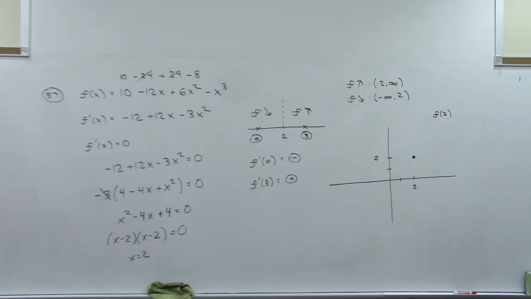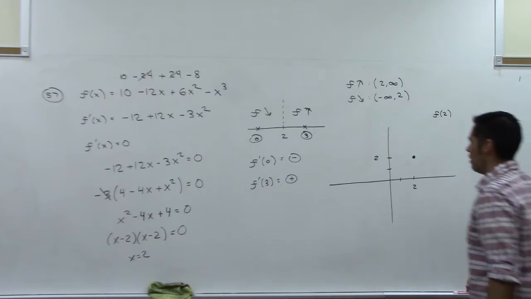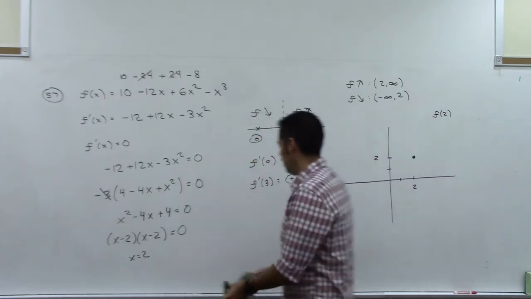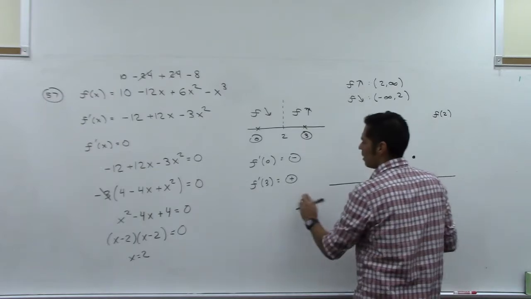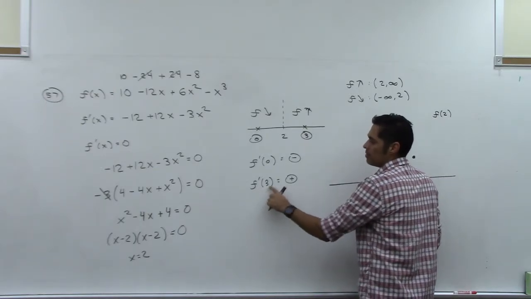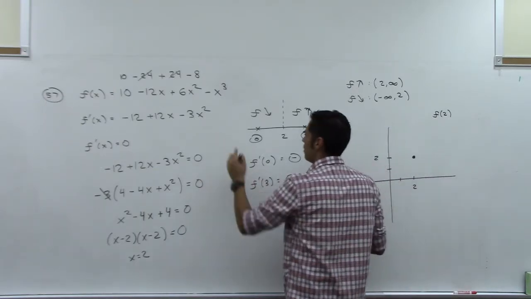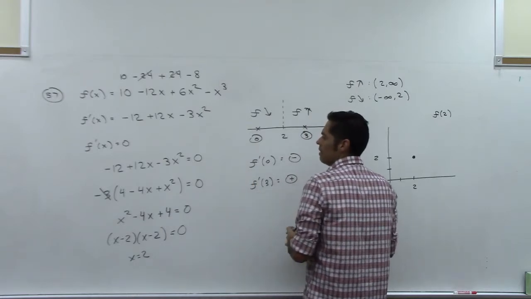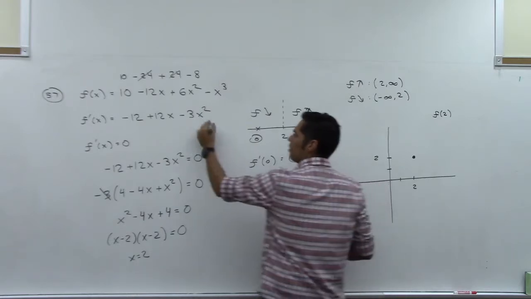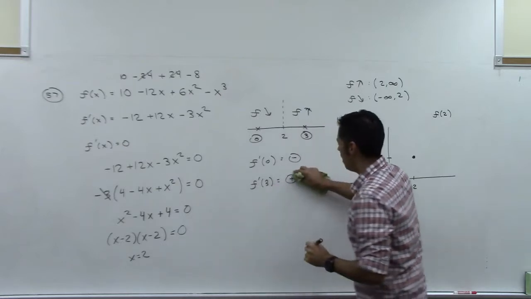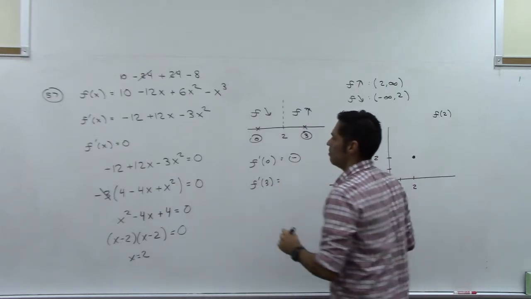Yeah, hold on a second. Something seems to be, no, oh, you know what? Hold on, I jumped the gun. My mistake. When you plug 3 into the derivative, let's double check that. Plug 3 in here. I said it was positive. I screwed that up.